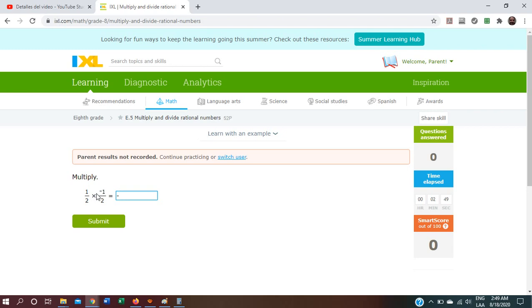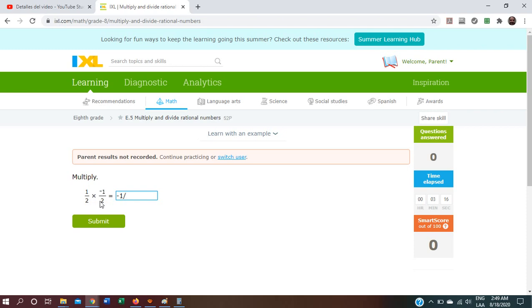And for multiplication, we're going to multiply directly. I mean, the numerator times the numerator and the denominator times the denominator. So in this case it's 1 times 1 equals 1, and this is going to be the same as this fraction line.